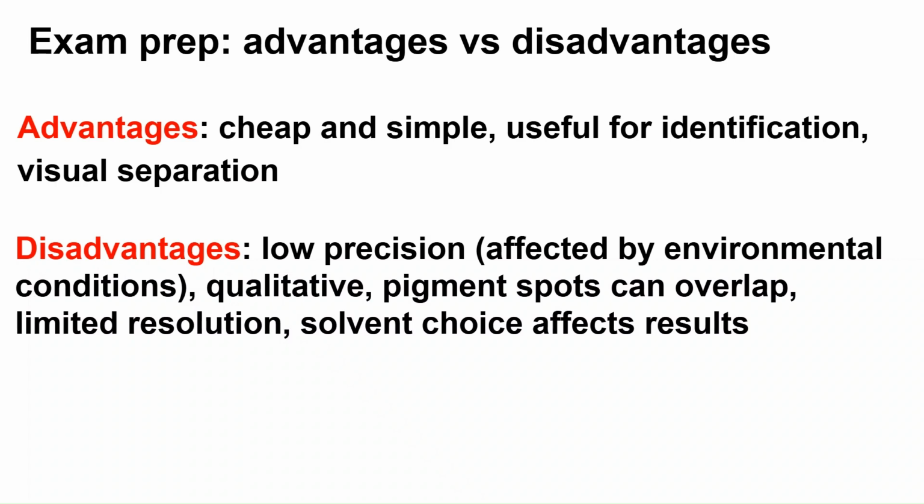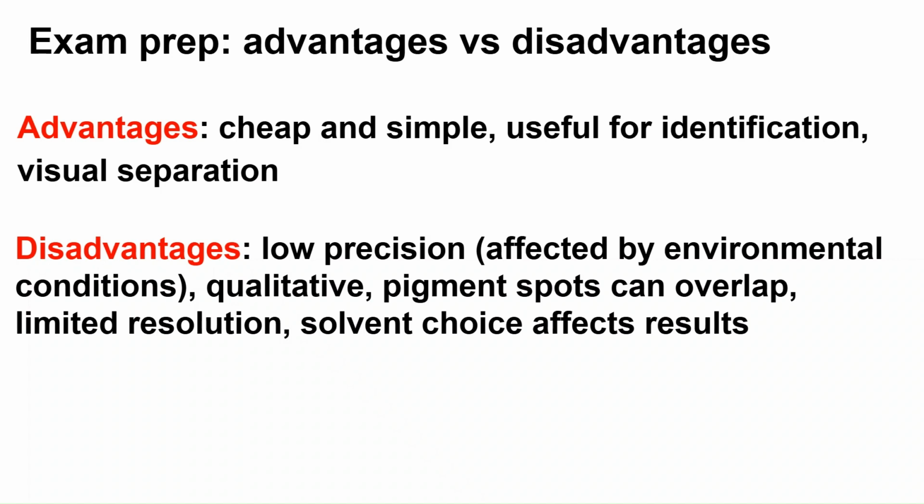So this is something that I thought I'd add in because it's something that you can get asked in exams quite a lot, especially in your paper 3, because your paper 3 has a lot of questions about practicals and general knowledge around experiments. So I thought I'd list for you some of the advantages and disadvantages of using paper chromatography to investigate photosynthetic pigments.